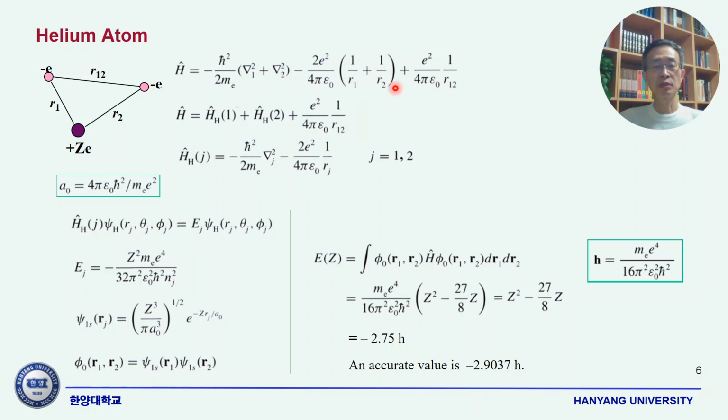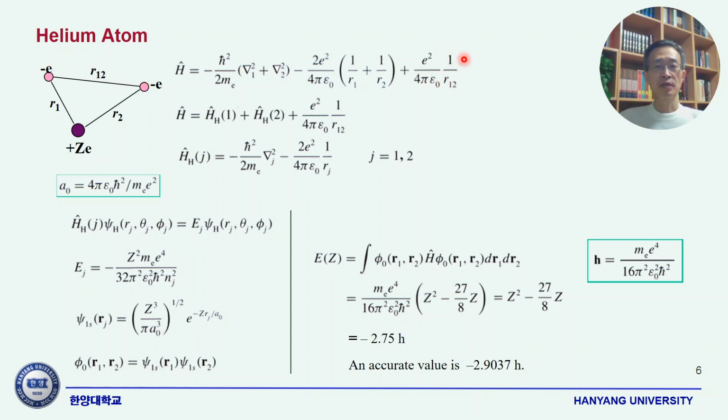This is the electron-nucleus potential energy. And then there is the term e squared over 4 pi epsilon naught, 1 over r12, the inter-electronic distance.